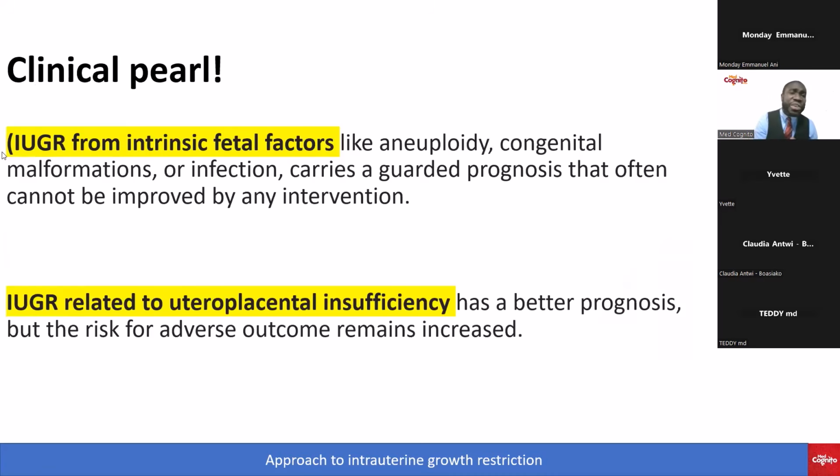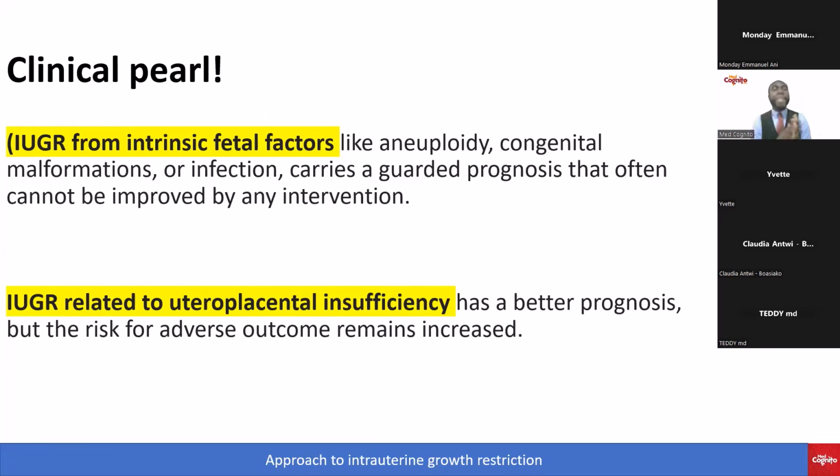Clinical pearl. IUGR from intrinsic factors like aneuploidy, congenital malformations, or infection carries a guarded prognosis, not very good, that often cannot be improved by any intervention. IUGR related to uteroplacental insufficiency. Is it going to cause symmetric or asymmetric?